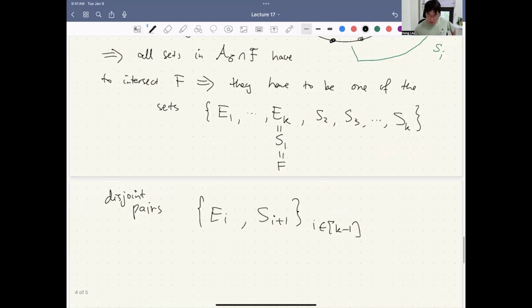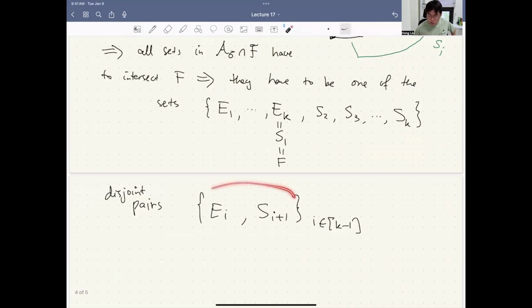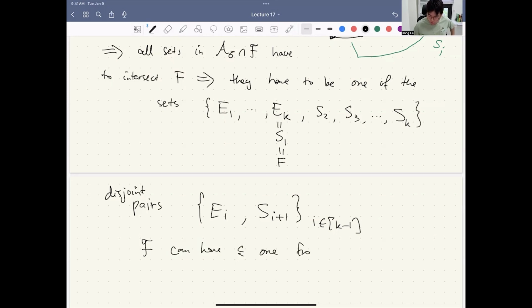So that means F can only take one of these from this disjoint pair together with EK. So F can have at most one from these K minus 1 disjoint pairs.